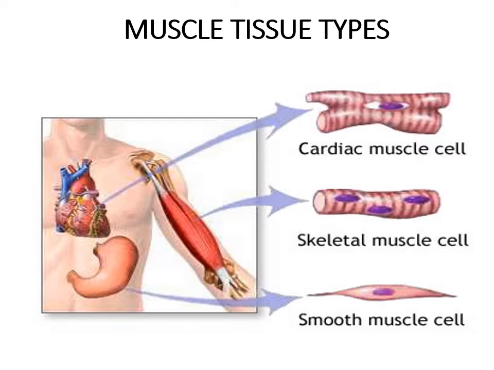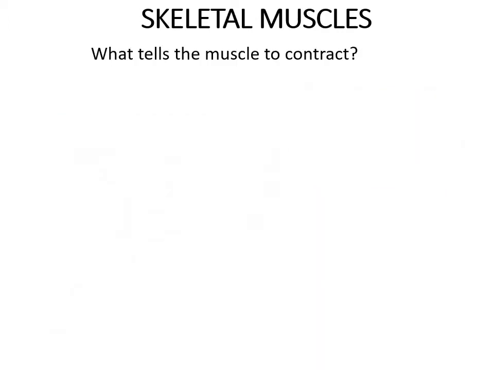The skeletal muscles are to move your skeleton, right? So they have tendons on each side that attach to bones and move your skeleton. Okay, so let's talk about skeletal muscles first. And skeletal muscles are striated muscles.